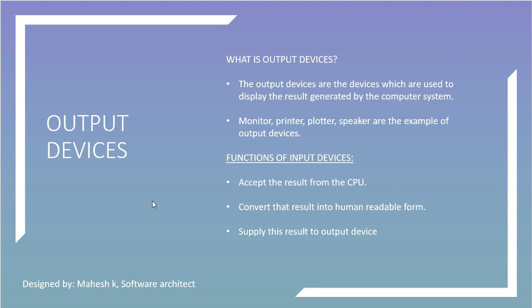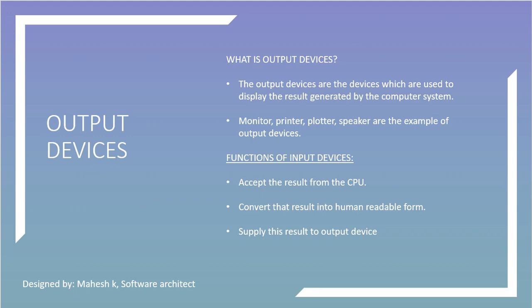Okay, so all output devices present their output in such a way that a human being can understand and read it properly. Supply the result to output devices. Okay, so it also supplies the result to the different output devices like printer, plotter. The CPU processes and provides all the outputs.